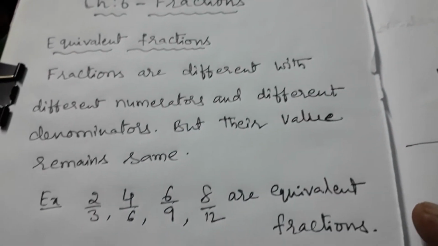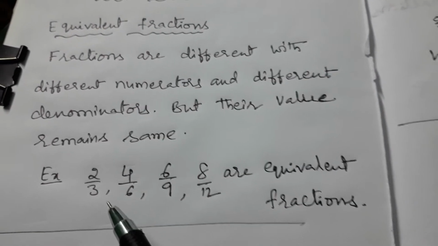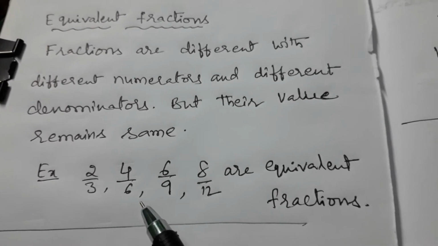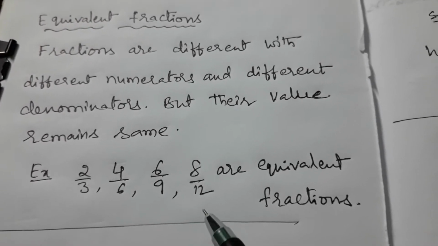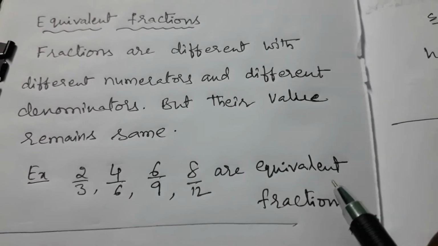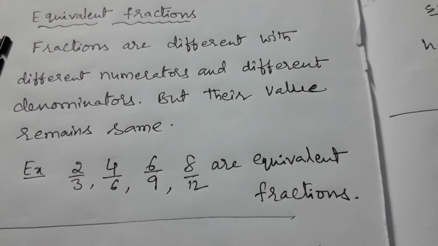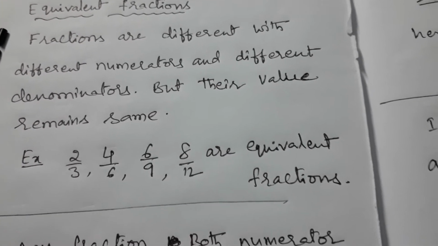Now, equivalent fractions, for example: 2 by 3, 4 by 6, 6 by 9, 8 by 12 are equivalent fractions. How are they equivalent? Look here.